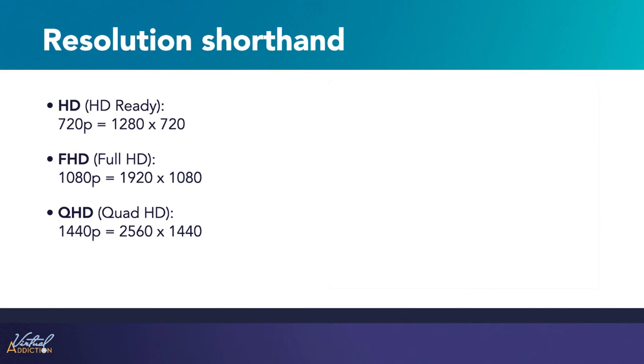We also have 4K, or UHD, which stands for Ultra HD resolution. This is equal to 3840 by 2160. This is a huge display resolution, and it's found on premium TVs and computer monitors. 2160p is also called 4K because the width is close to 4000 pixels.